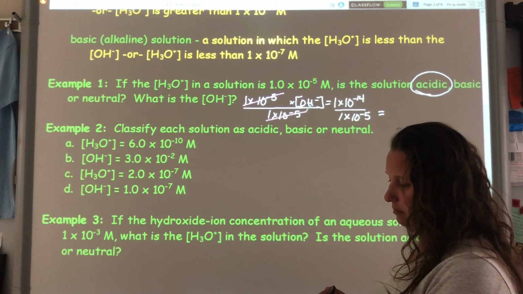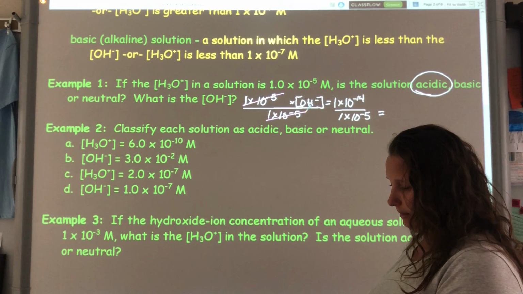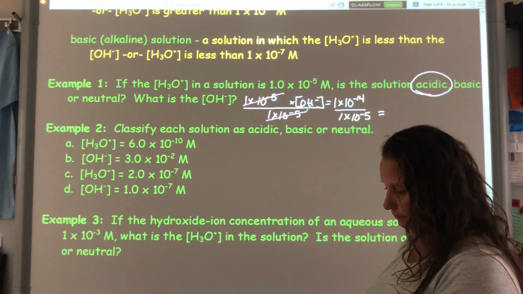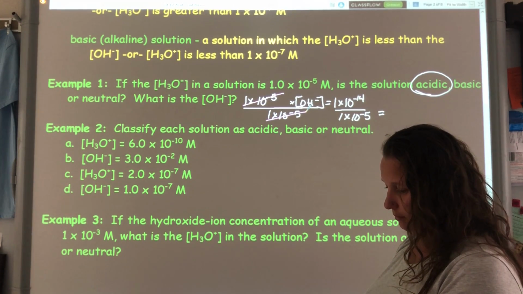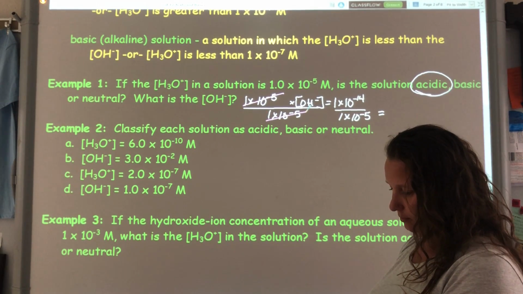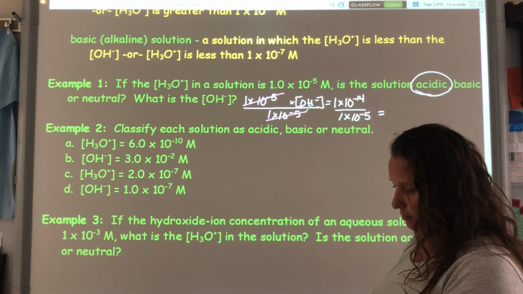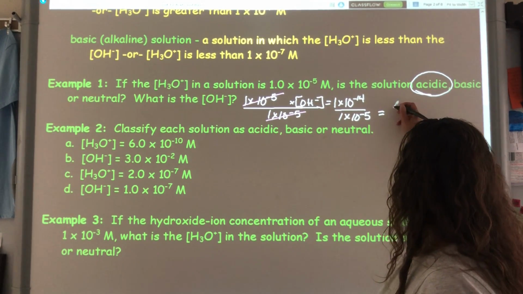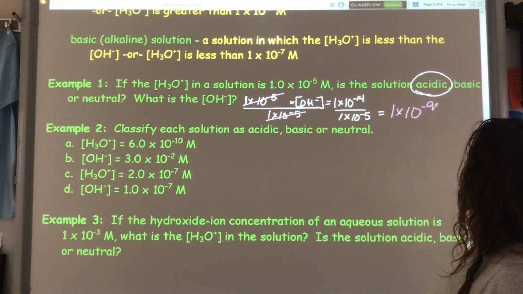I think this calculator has to have brackets in there. Okay, so we should get 1 times 10 to the minus 9th.